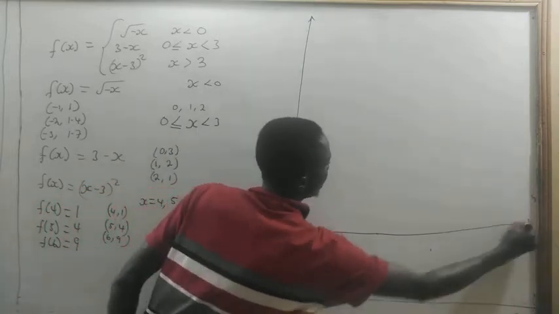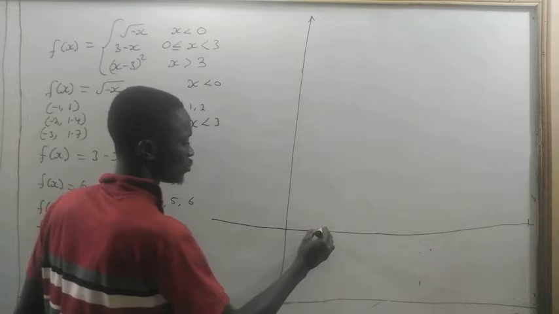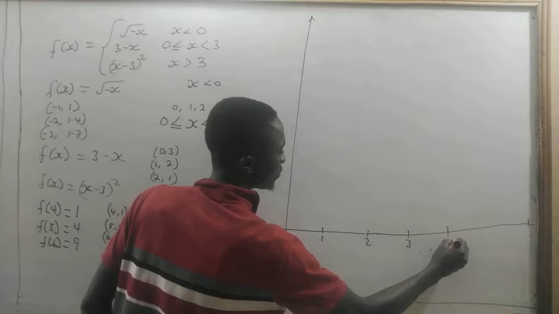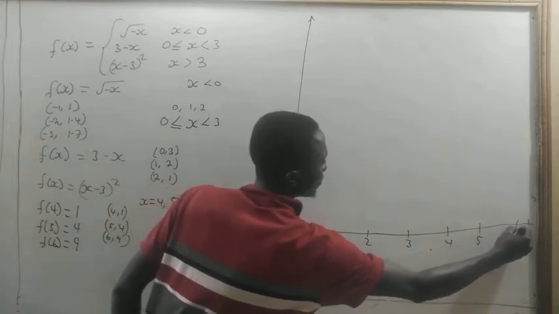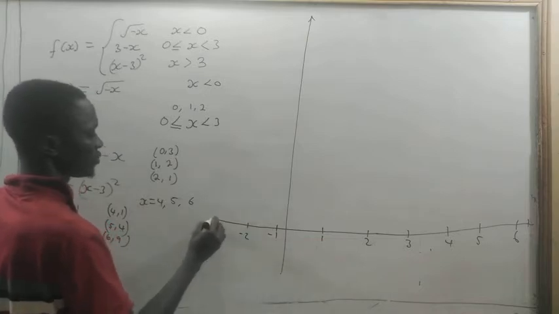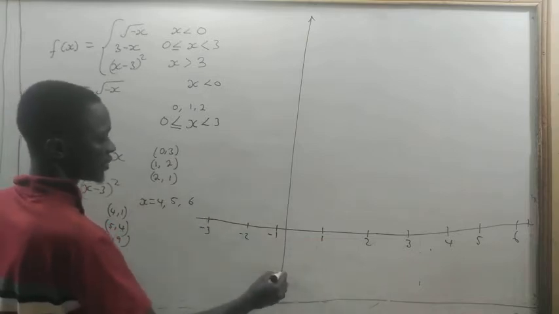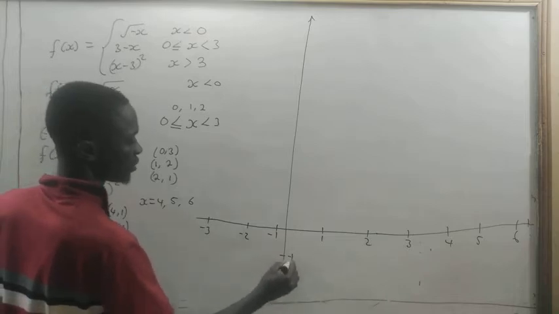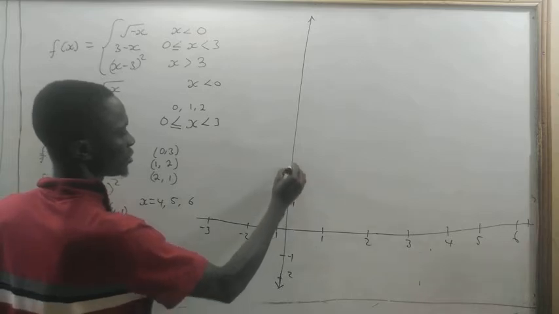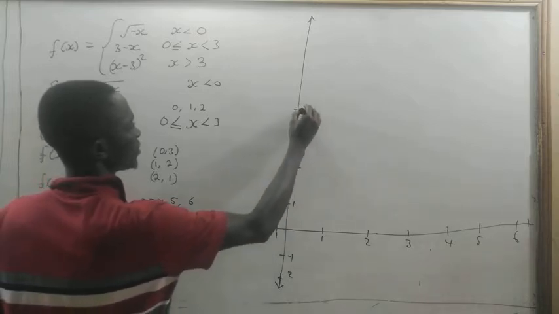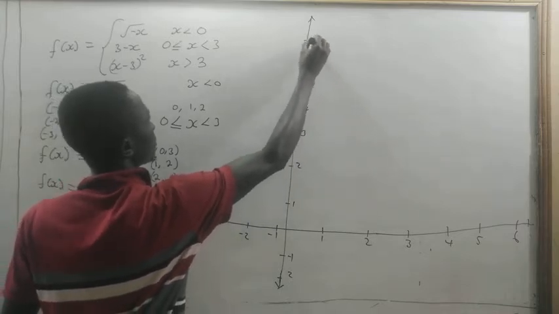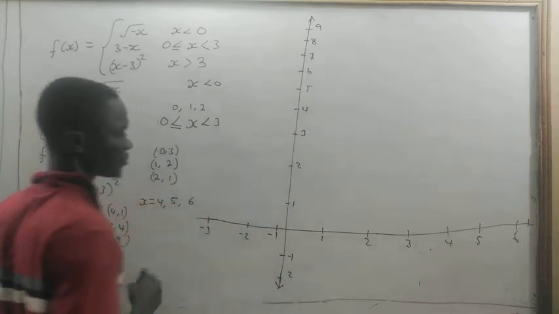Here let's put 1, 2, 3, 4, 5, 6, and negative 1, negative 2, negative 3 on the x axis, and 1, 2, 3, 4, 5, 6, 7, 8, 9 on the y axis.